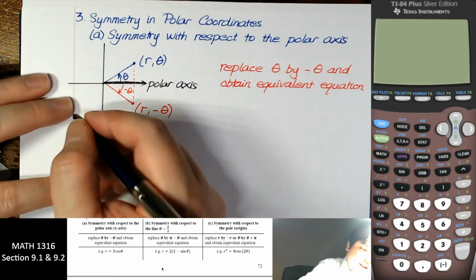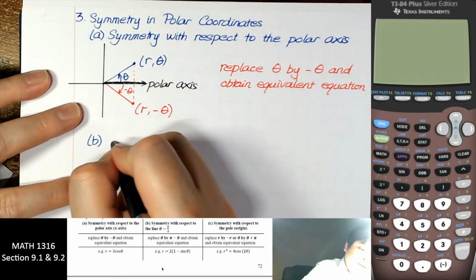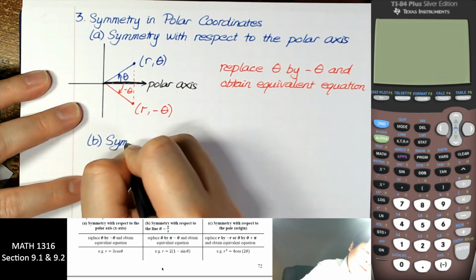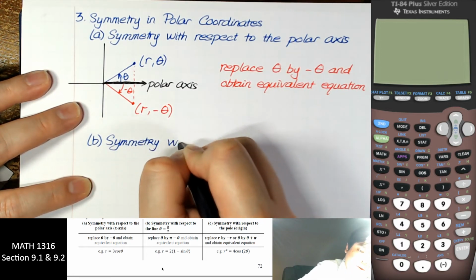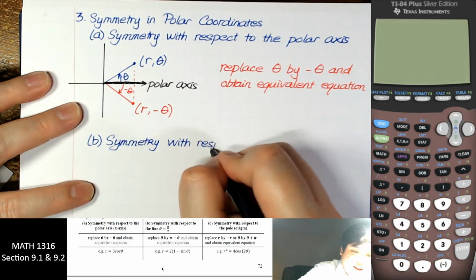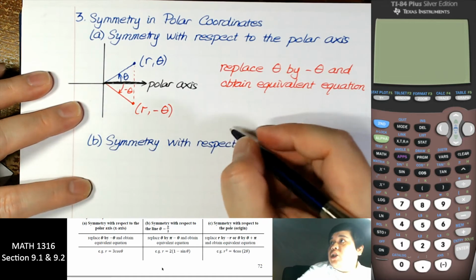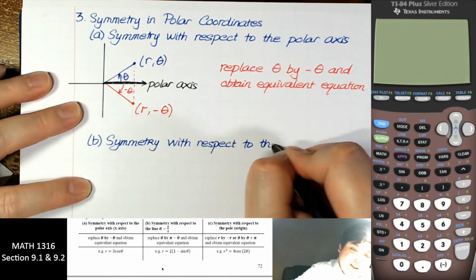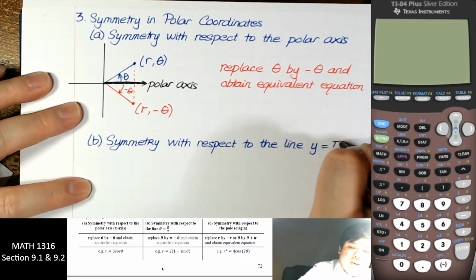Next, symmetry with respect to the line theta equal to pi over 2.